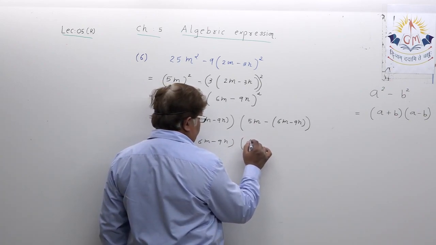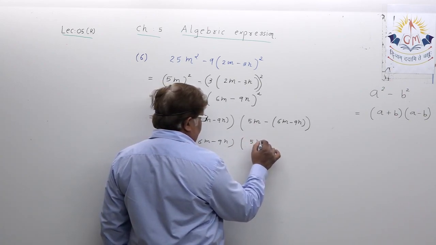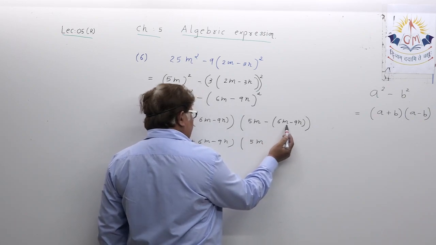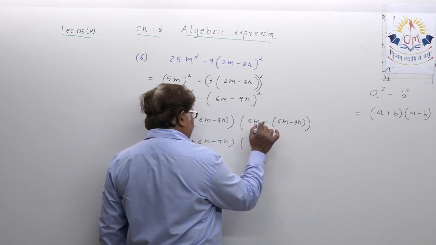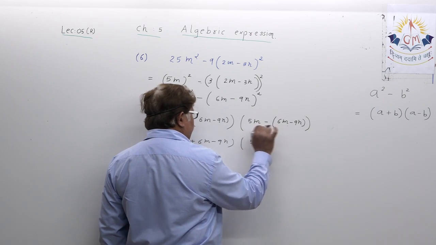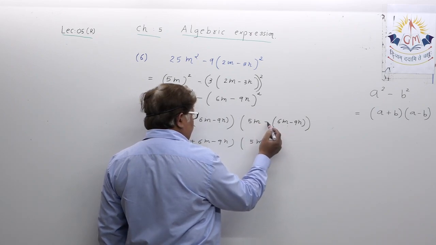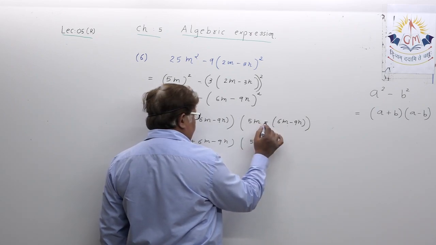Here 5m. Before the bracket, a negative sign appears. So when you open the bracket, the sign changes in both.